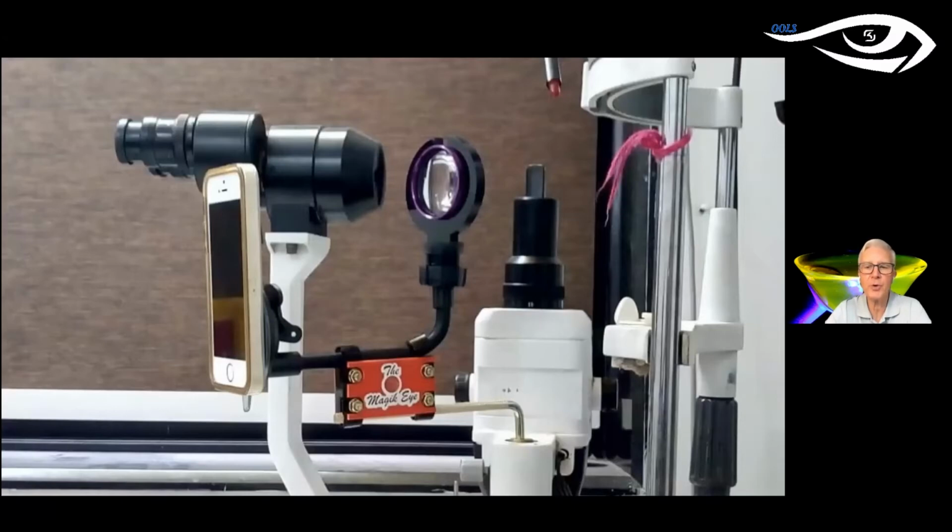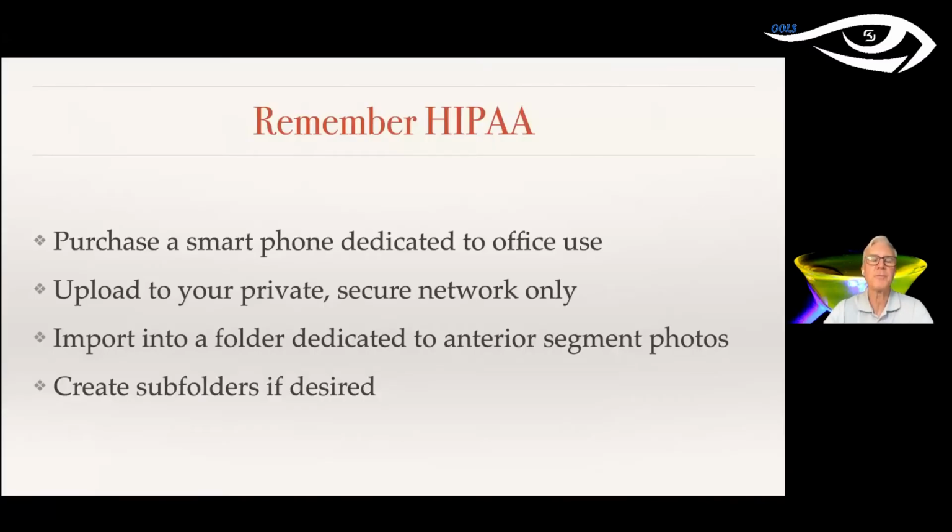And so you can remove a little plate there to get access to this little column, and this Magic Eye slips down in there, and you can see has an attachment for your phone and an auxiliary magnification. I haven't used this one, but it looks fairly simple, and I'm sure it's fairly inexpensive.